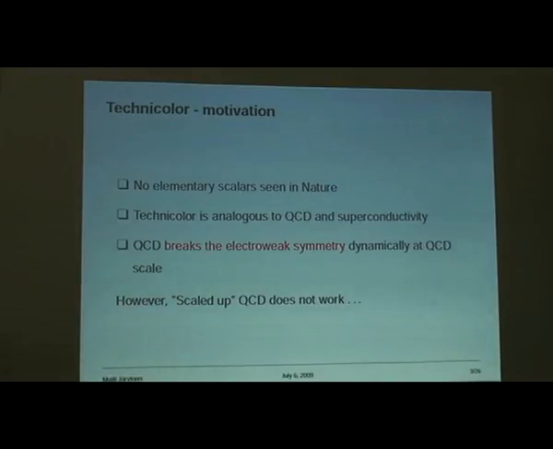The condensate breaks the left-right symmetry, so you cannot have mass terms.